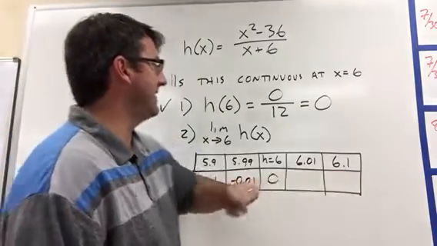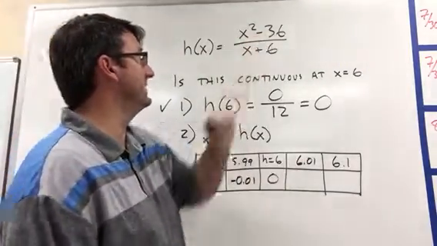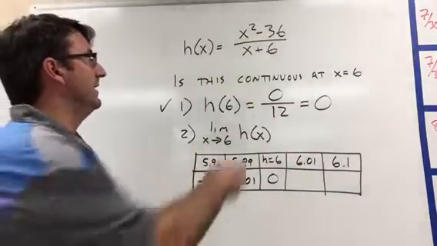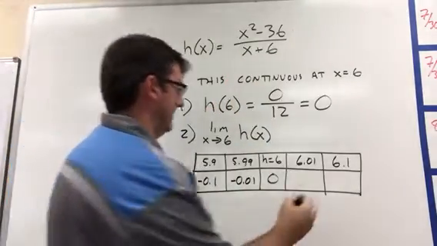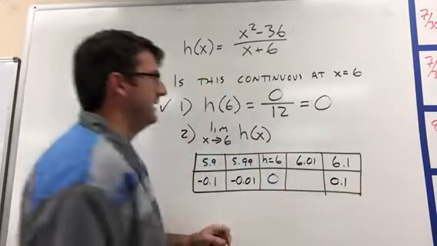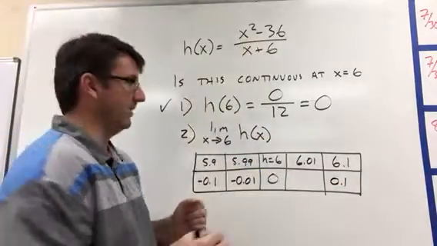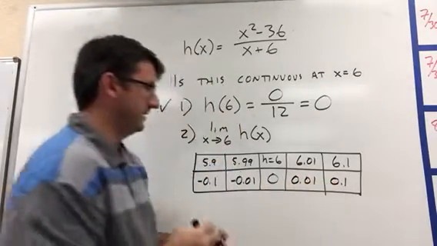And then let's test out 6.1 squared minus 36 over 6.1 plus 6, which gives us a value of 0.1. And then if we plug in 6.01, we get 0.01.